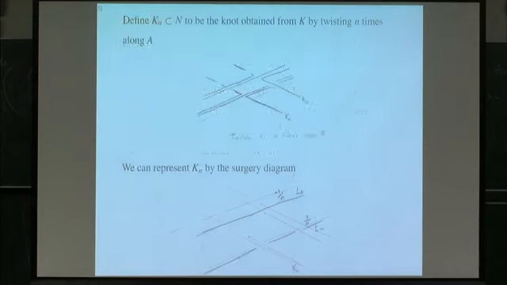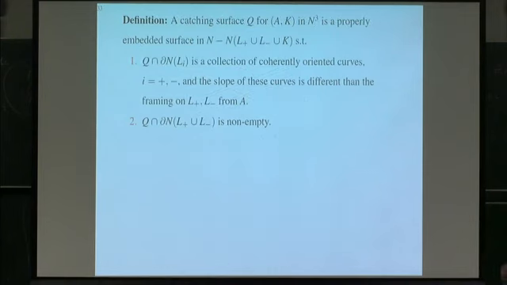So let K_n be the knot obtained from K by twisting n times along A. And then, I don't know if this is important, but we can also rewrite this using a surgery description. K_n is just K, and then I do minus 1 over n surgery and 1 over n surgery along the boundaries of A. Okay, so that's an annulus pair, and the knots that I obtain by twisting along an annulus pair.